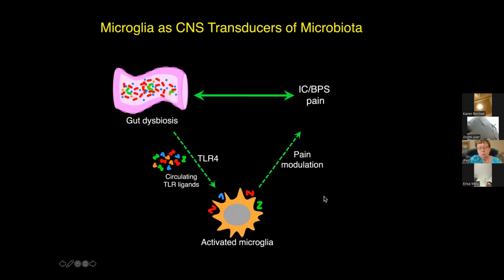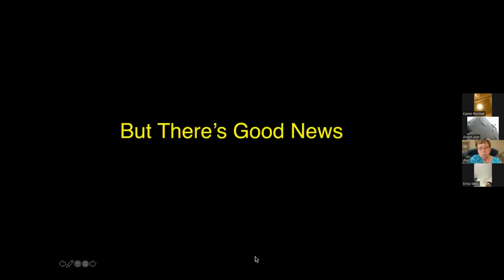So for example, if we take our AOH mice and we silence microglia, their pain drops significantly. And these effects, as I say, are mediated by these toll-like receptors. So we have leaky gut here and features of the microbiome causing activation of microglia, and these play a significant role in pain.